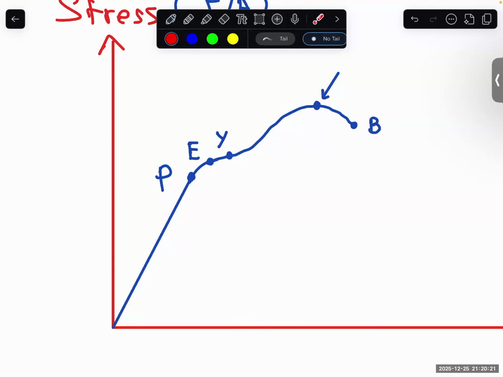Once it reaches that, automatically it runs to the breaking point. So the breaking point is the point where the object is no longer there. So this point is called, what will we name it? We will name it X. No?